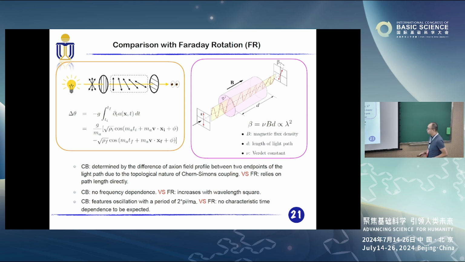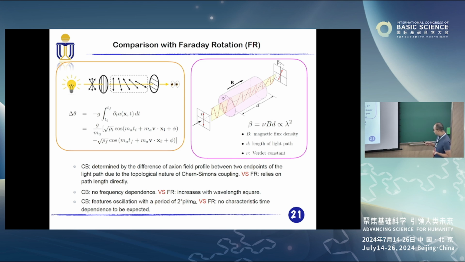And secondly, for cosmological birefringence, there is no frequency dependence. And as for Faraday rotation, for example the one in the interstellar media, it will increase with wavelength squared.